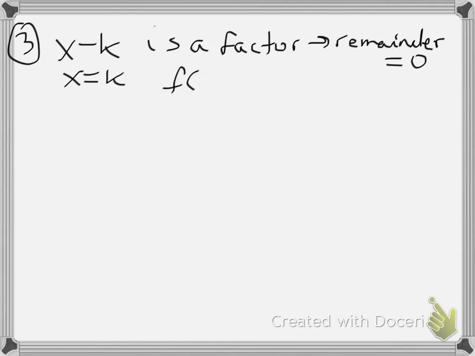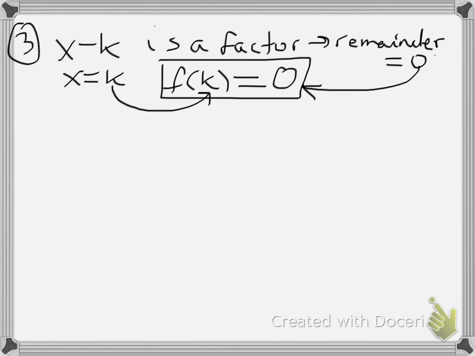So f of k means you're taking the x value and putting it in here, and by the remainder theorem, when you evaluate the function, it tells you the remainder. So the remainder is 0. Pretty interesting. So if this is a factor, then when you input k into the function, you get an output of 0 because it's a factor. It gives you a remainder of 0.